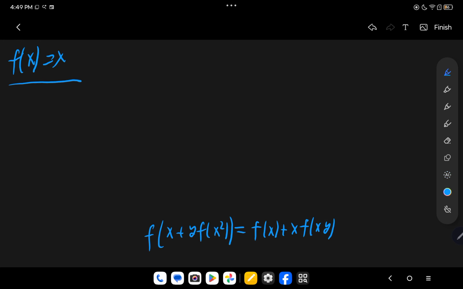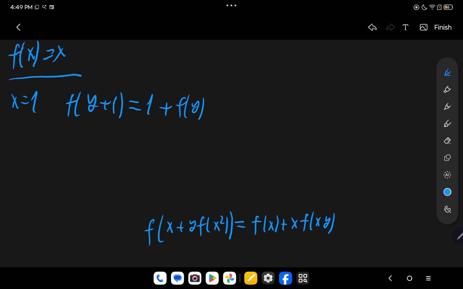Now we will prove that, also it's easy to notice that if we put x equal to 1, we get f(y plus 1) is equal to f(1), which is 1, plus f(y).